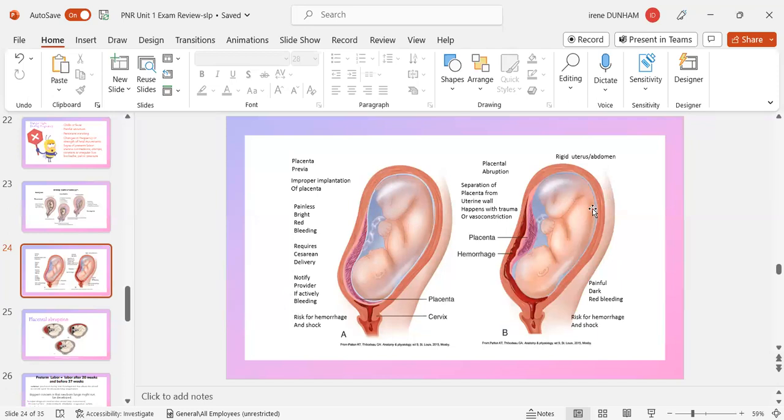On the placenta abruptio, she might have got into a motor vehicle accident, or she might have got hit and caused this, or with preeclampsia, it caused this placenta to actually break away. There's so much vasoconstriction going on, it makes it break away. It's a dramatic time for both these mommies.